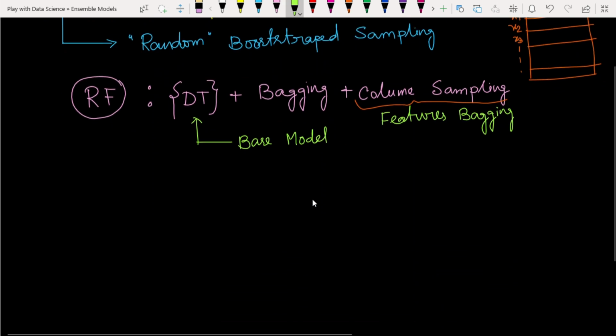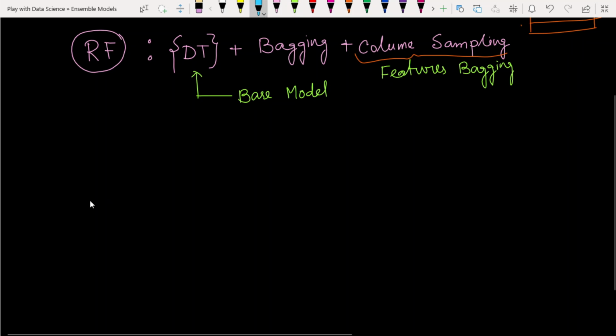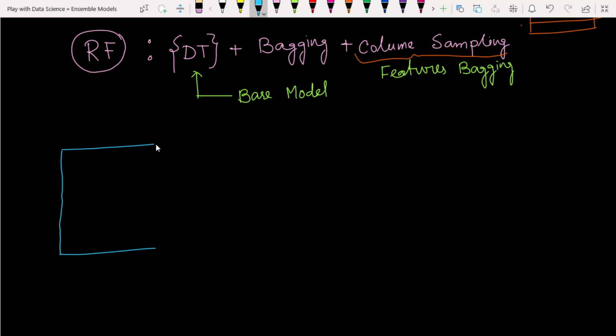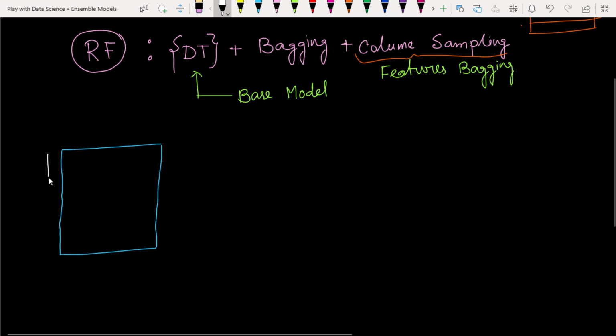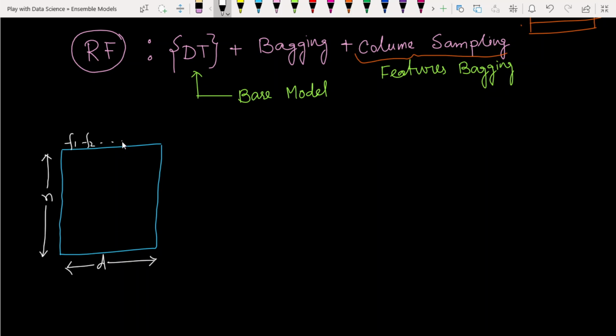Now let's see this. Suppose this is our data set. In this data set we have n number of points and d number of features, f1, f2, up to fd.